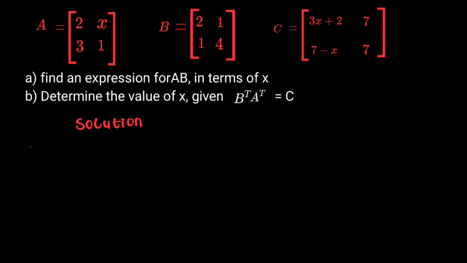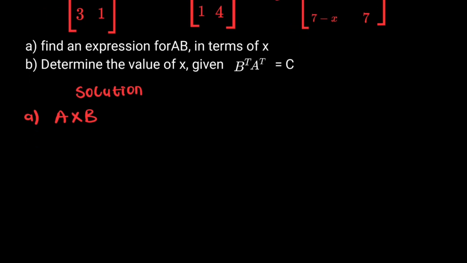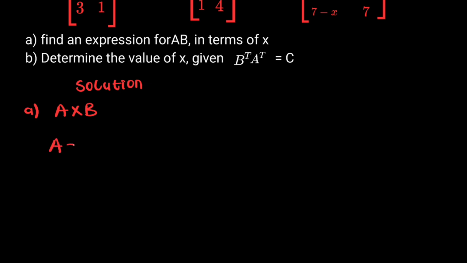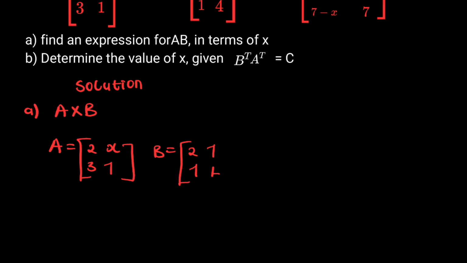So let's start with the A part of the question, which says find an expression for AB in terms of x. So AB is simply the product, that is A times B. So we have to multiply the two matrices A and B. Our matrix A, let me write it back, is 2x, 3, 1, and B is 2, 1, 1, 4.